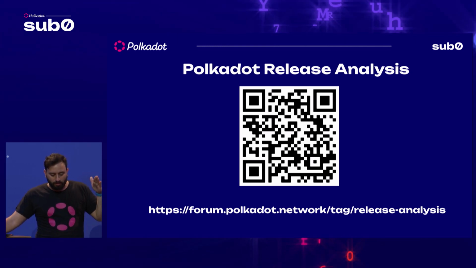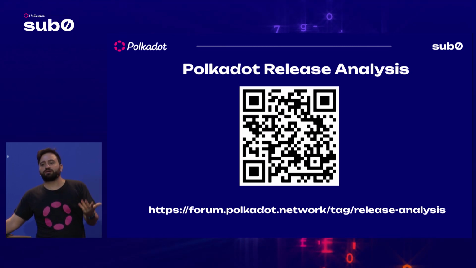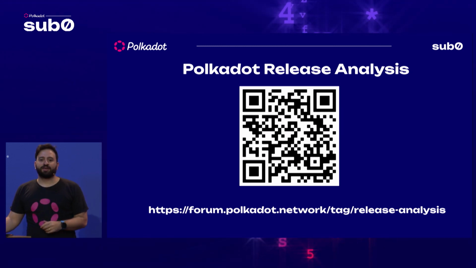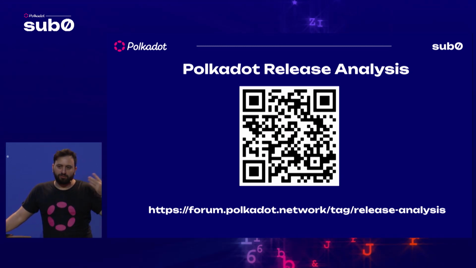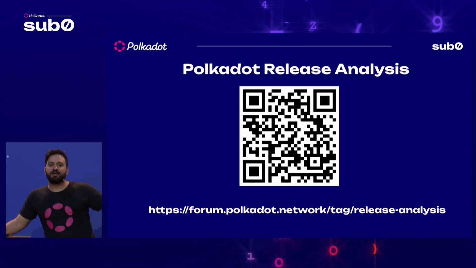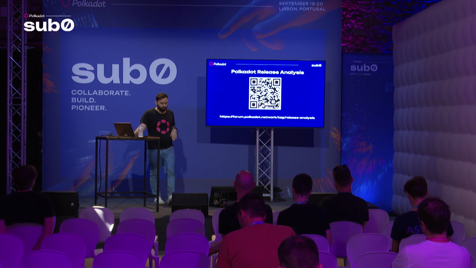You can go on the forum and get these reports and see what's going on, right? This is helpful when you need to do the upgrade and you have breaking changes. You can go there and see all the analysis with code snippets and so on. This was super helpful.